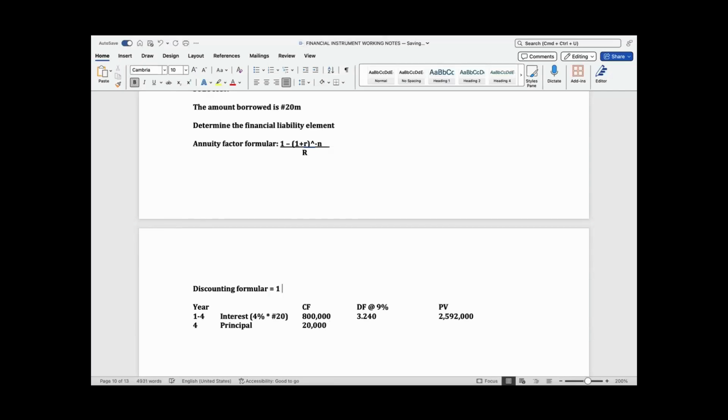So we just do 1 plus r raised to power minus n. So what would that give you?